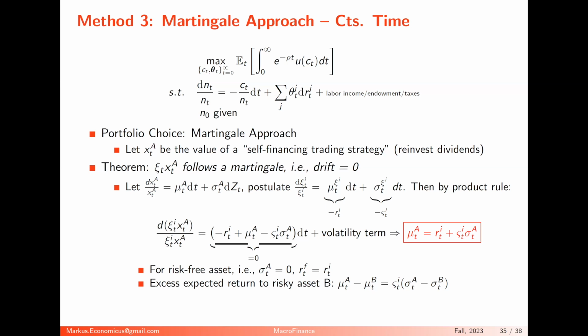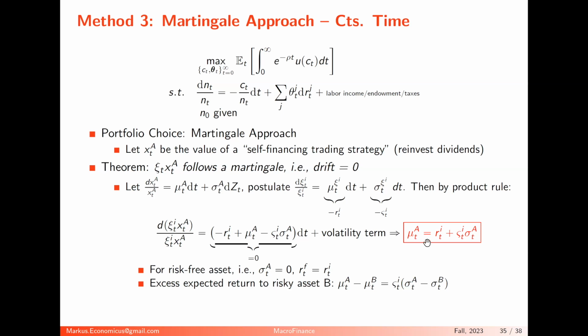So I call the drift of Xi minus r, then plus the drift of A, and then the eta term, with the sigma Xi, I call this minus varsigma. There's a dZ term. Minus varsigma is the price of risk. You don't know this yet, but I label it this way. Times the volatility, that's my eta term. Then there's some volatility term, but I don't care about that. It's just the marginal effect. It means the drift has to be 0. That's my condition.